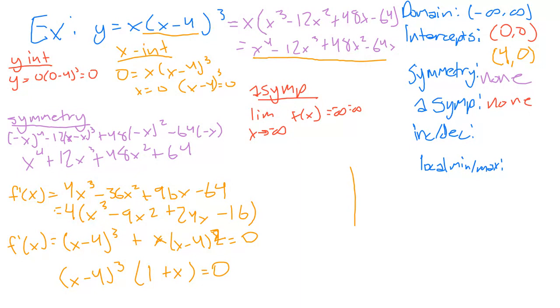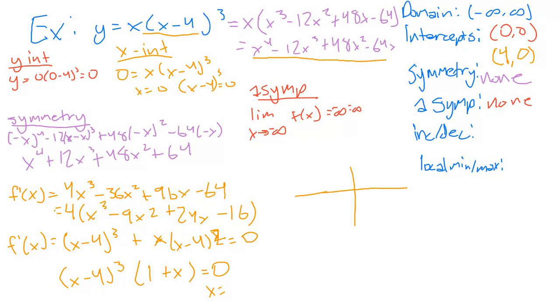Right, so right now we can go ahead and start building our charts. So if we look down here, we can get x equals -1. And we can also get x equals 4.